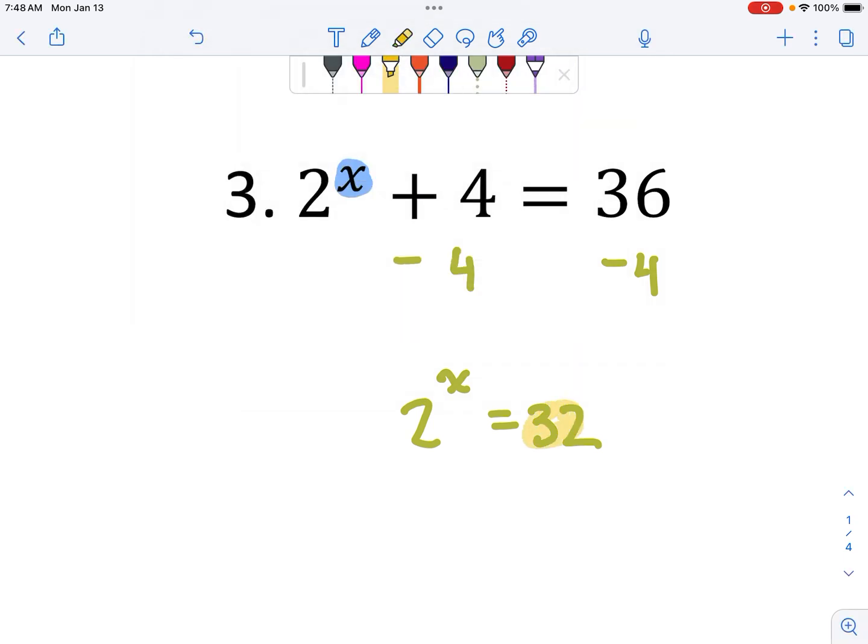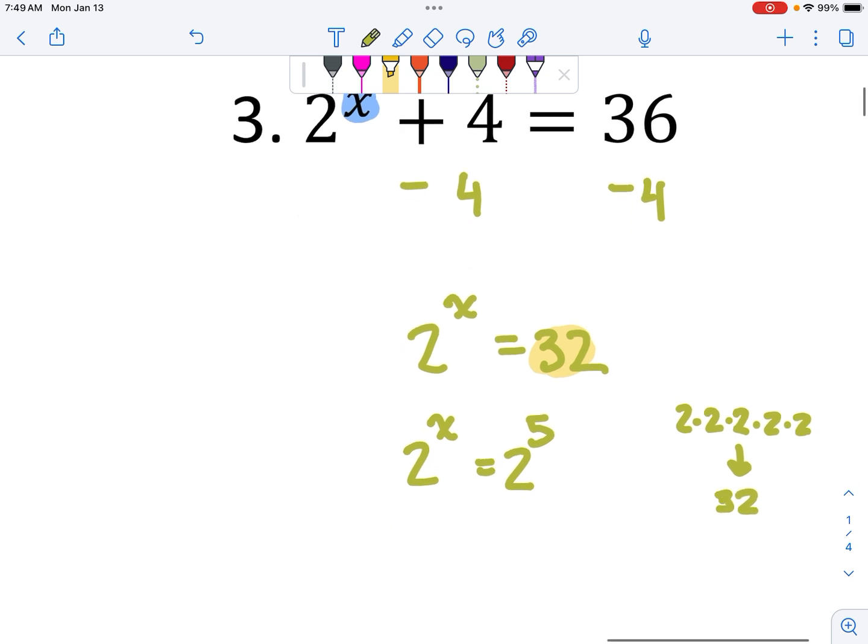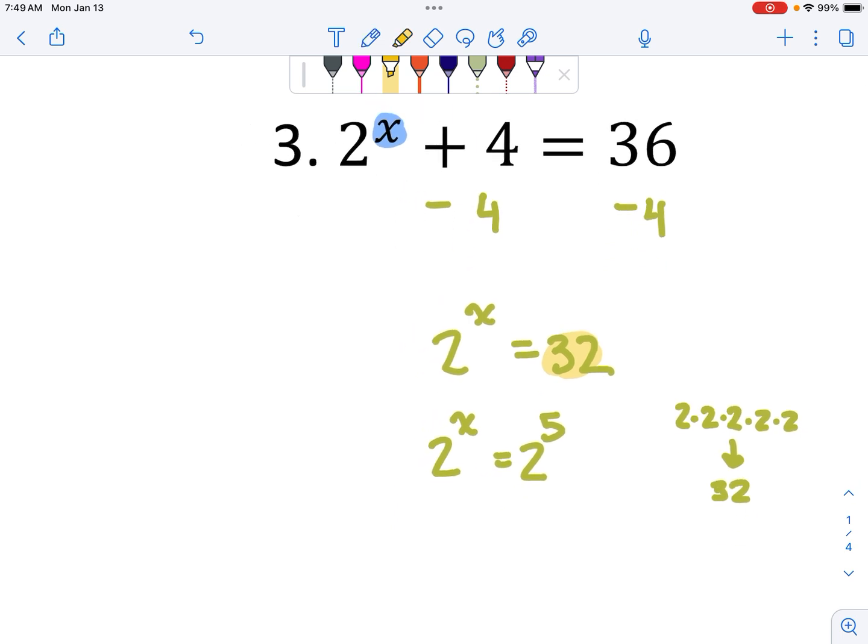So 32, we can rewrite it with a base of 2 because 2 to the 5th, so 2 times 2 times 2, 5 times, is 32. So now that we have the same base, we can just look at the exponents and say x is equal to 5. So I set x equal to 5 and we're done.